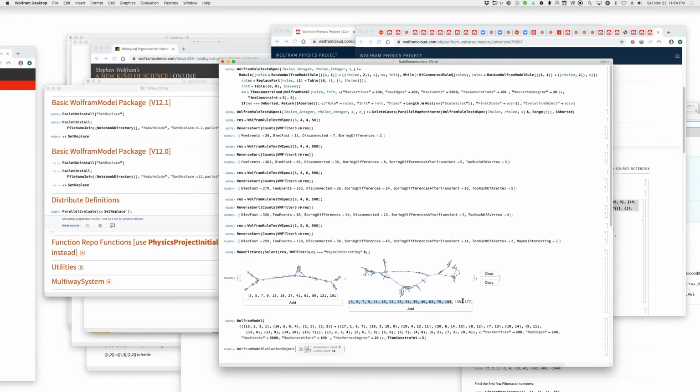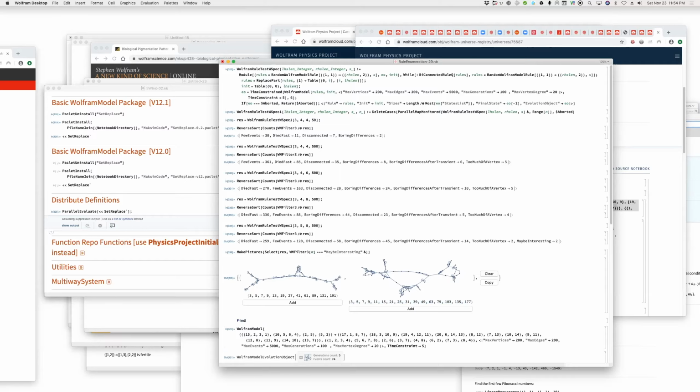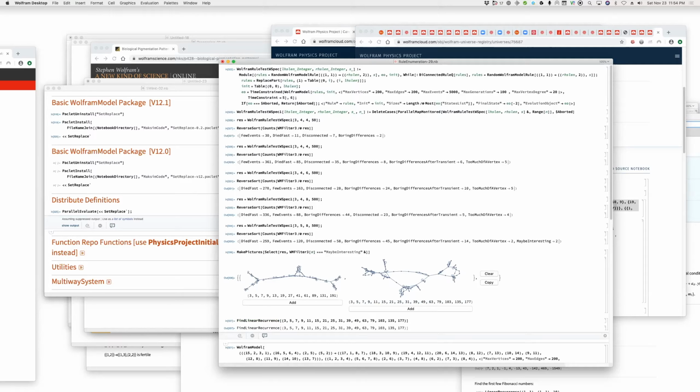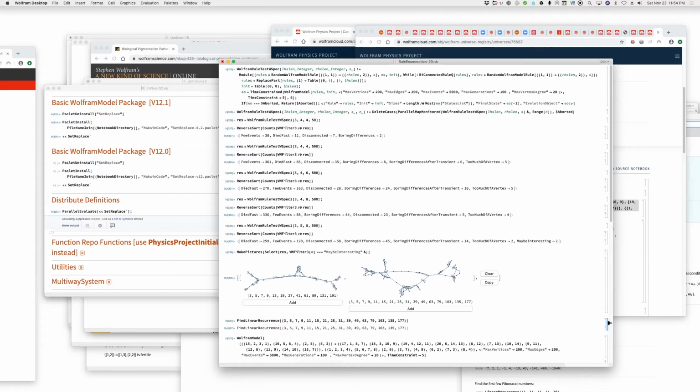Now I have a new tool here, which I think must have failed in this case, but let's try it. Yep, no linear occurrence. Well, I consider those two mildly interesting.